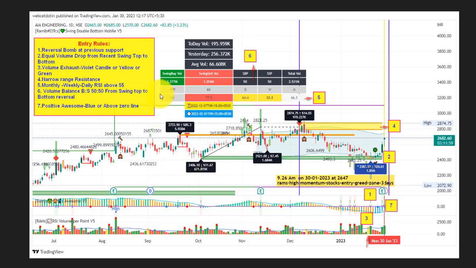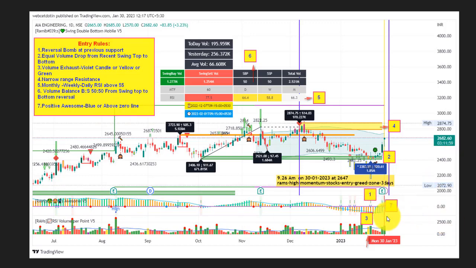So sellers don't have any more stocks, and to sell they must buy some big volume of stocks. There the trend reverses. Then the seventh most important point is a positive Awesome Oscillator, that is the blue line like this, or the Awesome Oscillator must be above the zero line like this.